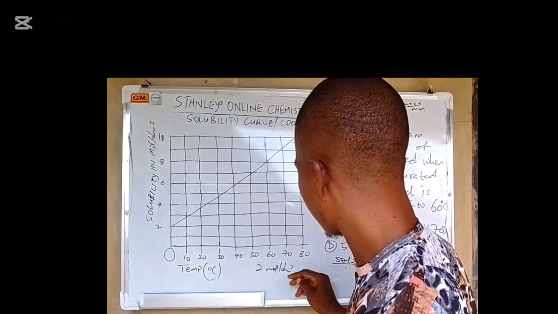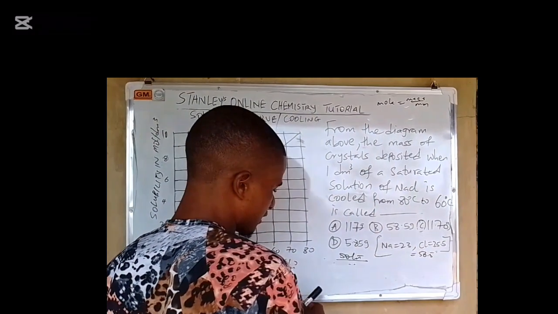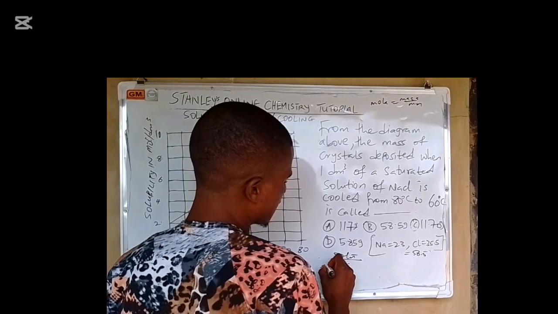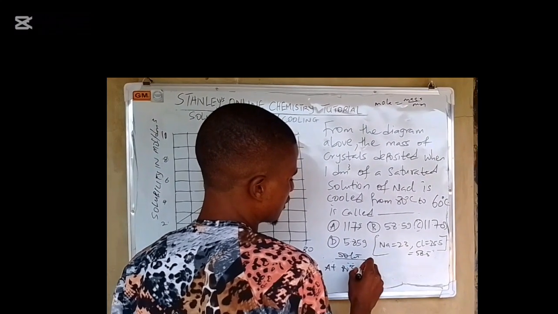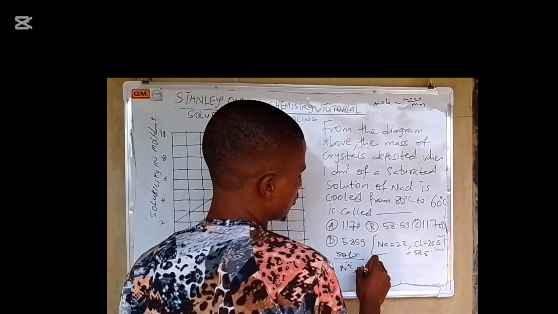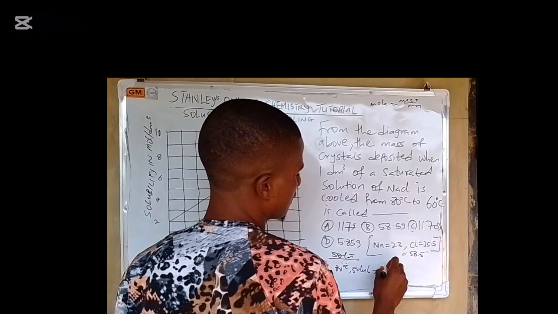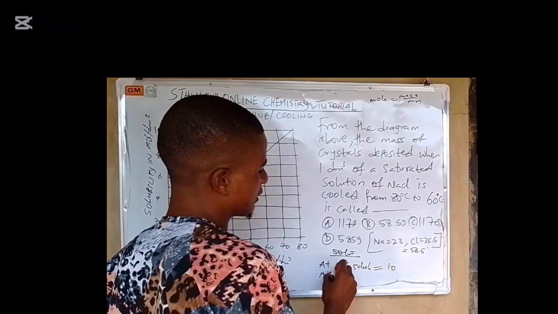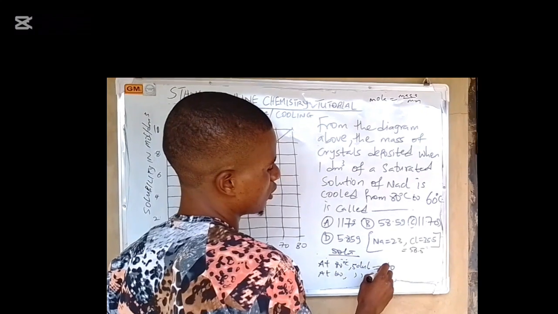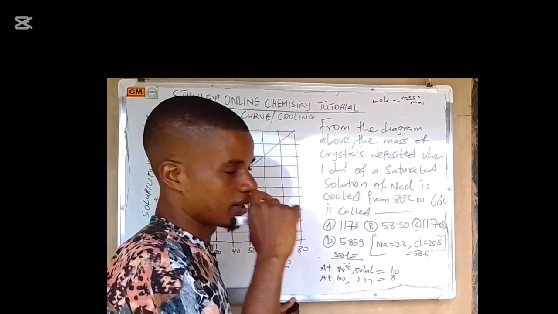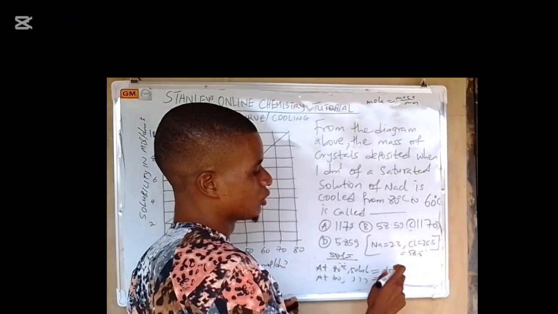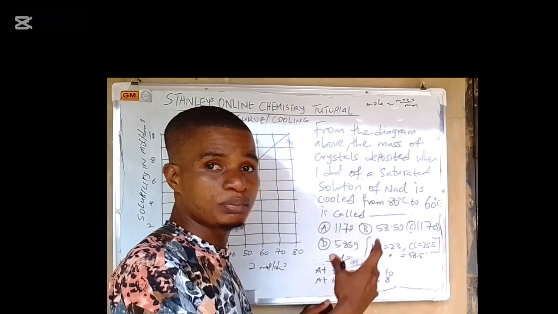Good. Now at 80, solubility is 10. Now at 60, it is 8. Remember? So now do the minus. Remember that this is a cooling process.